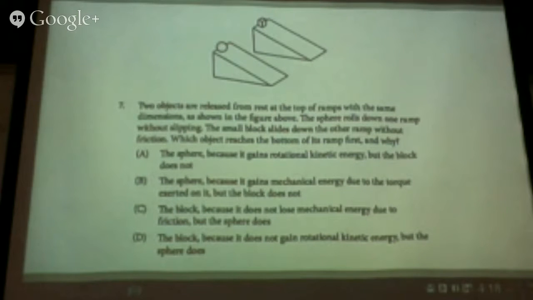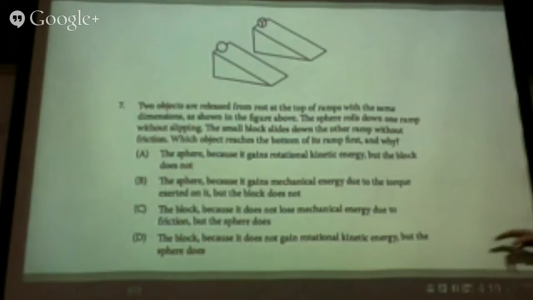The sphere would only be losing mechanical energy due to friction if it were sliding, if it were being dragged across the ramp there. We had kinetic friction there. We do have friction, but it changes some of that energy into rotational energy rather than changing some of it into heat. So in this case, D is the way to go.